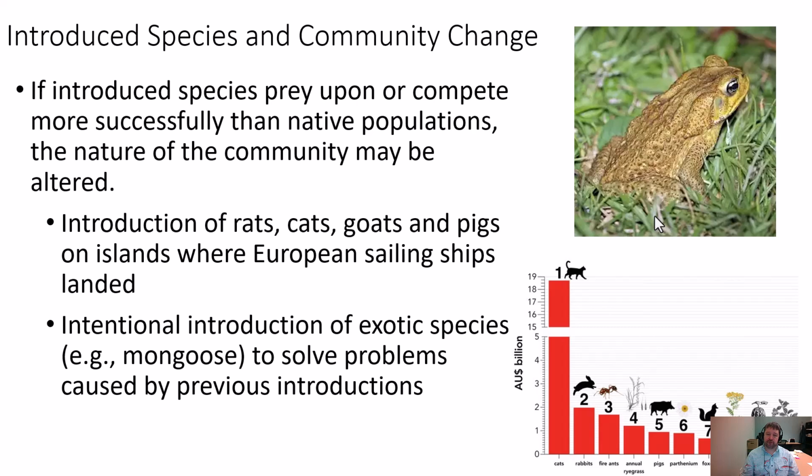So naturally, because the cane toad occurs in regions where we grow sugarcane in North America and South America, the idea was, well, let's just introduce the cane toad to Australia to get rid of these pests that are in their sugarcane fields. And that's what happened.